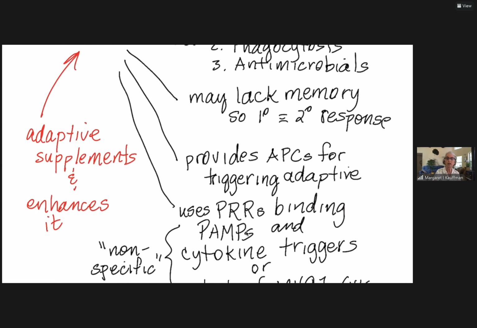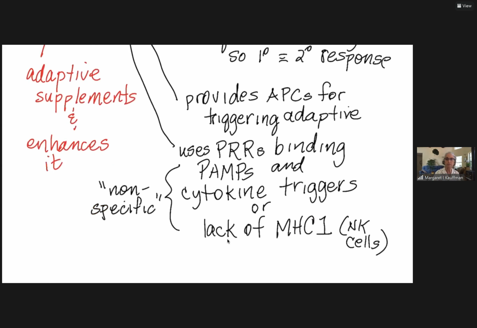They use PRRs that bind PAMPs, and cytokines will also trigger it. And now it's not moving very fast, to recognize who is an invader and who is self. So in that sense, they are very non-specific, and almost all the members of your innate cellular members can use, are non-specific in how they recognize non-self.